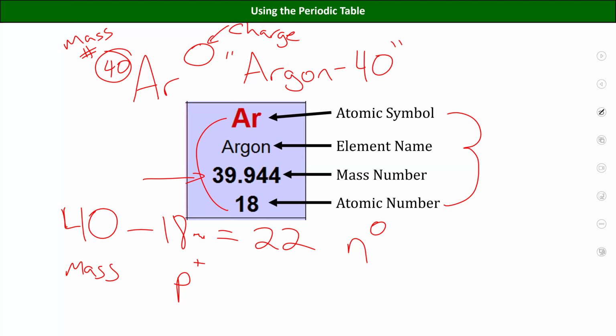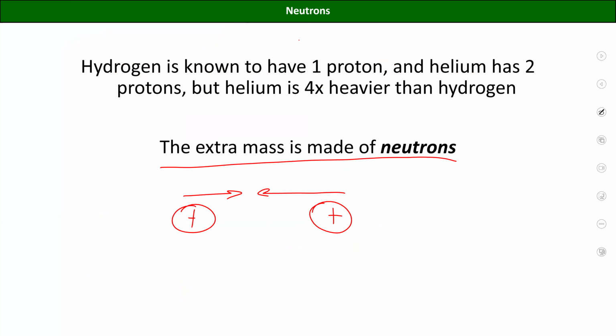How do we figure out the charge? What causes the charge? The difference between neutrons and protons and electrons. Right, so are neutrons gonna affect the charge at all? Neutrons are called neutrons because they're neutral. They don't have a charge.